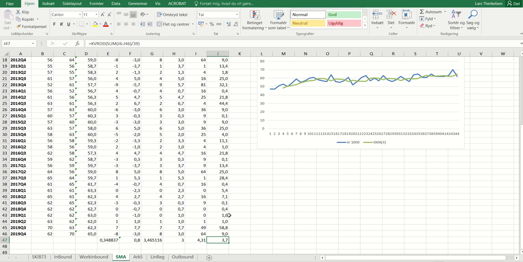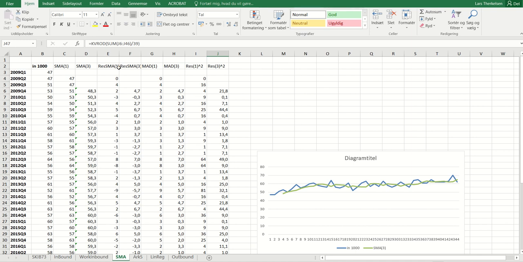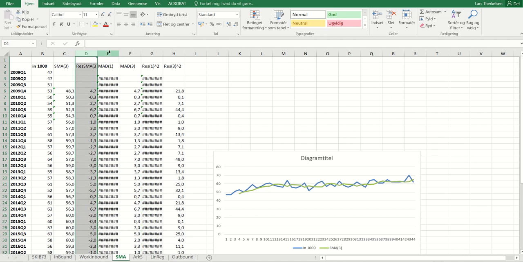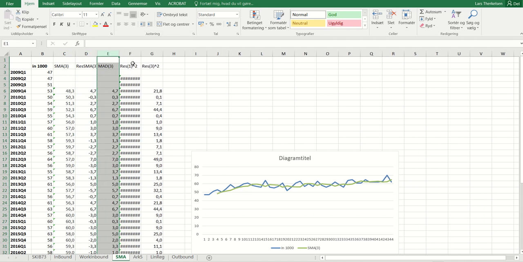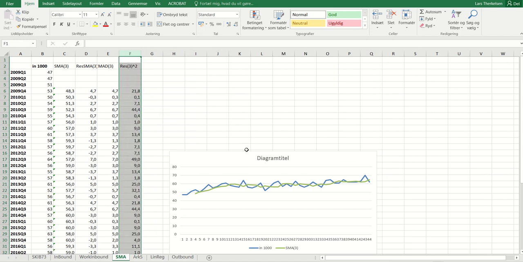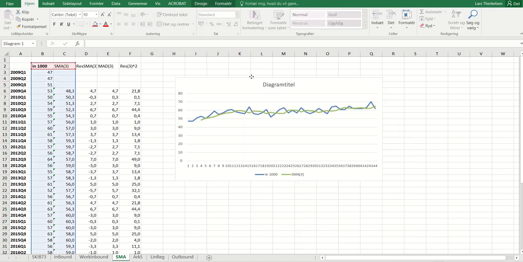So let's just remove the residual 1 and say that we go for the 3. So this is it, and let's have a look at the residual plot.